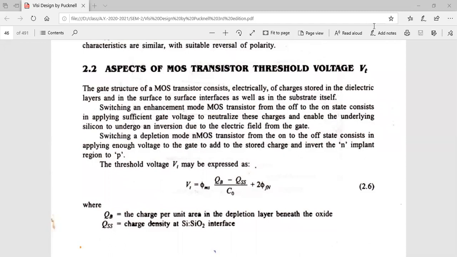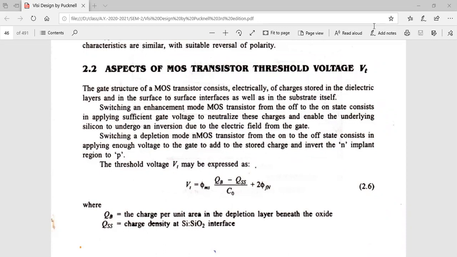Under the gate we have the silicon dioxide, and under that the channel will be formed. So you know the working condition of the MOS transistor, inversion. This is all formed with the help of the electric field from the gate, right?